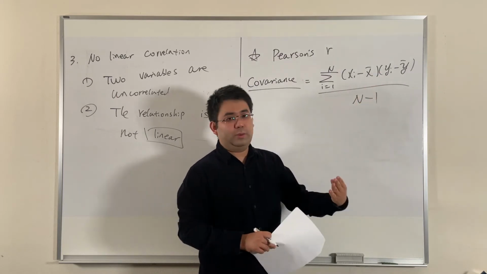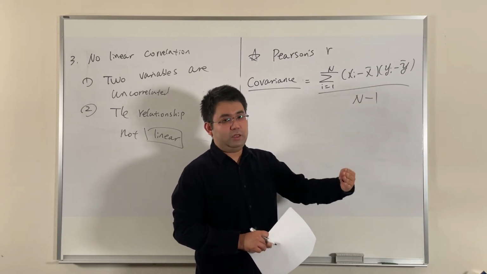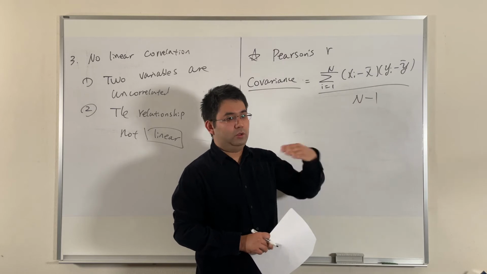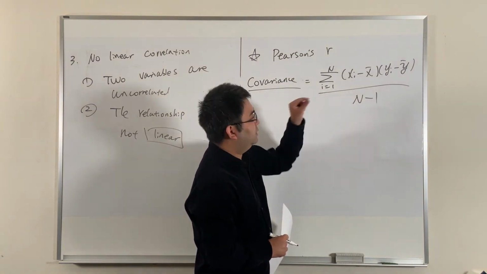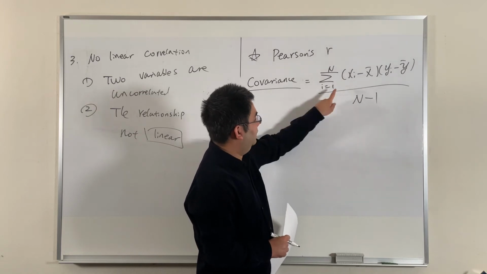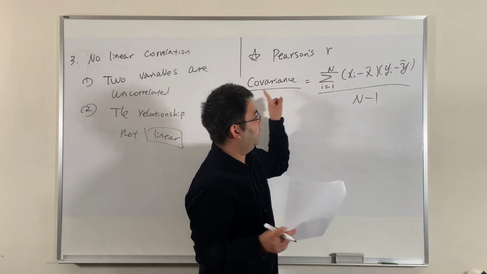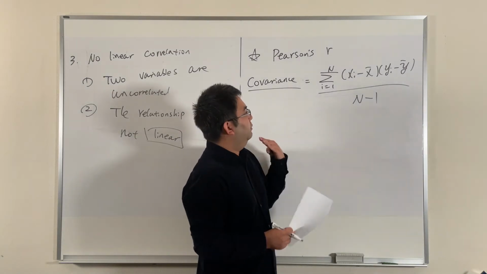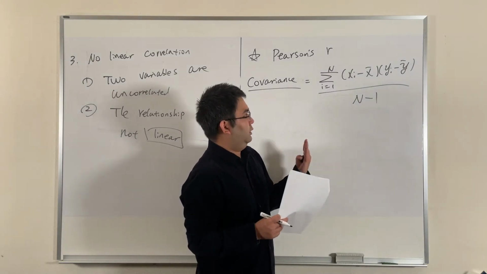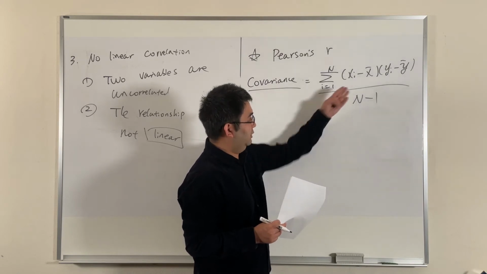If we go back to the example of husband's age and wife's age, each family is one data set. I can be the first family equals 1, second family equals 2, but each set has two values, and that's the same in this case.